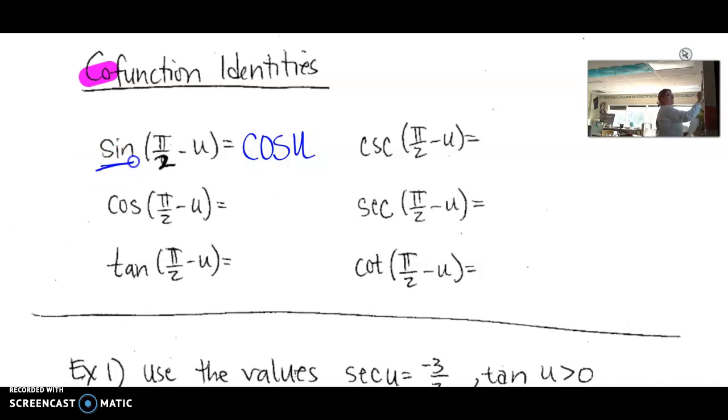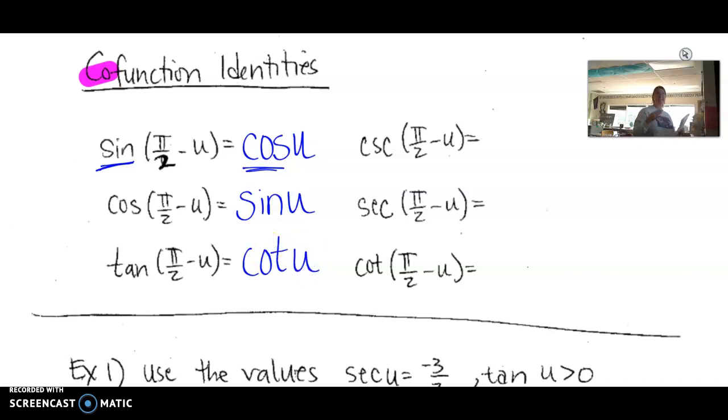Sine and cosine are the same exact graph but shifted, so they are the ones that go with each other. Cosine of pi over 2 minus u is equal to sine of u. And tangent of pi over 2 minus u is equal to cotangent of u.